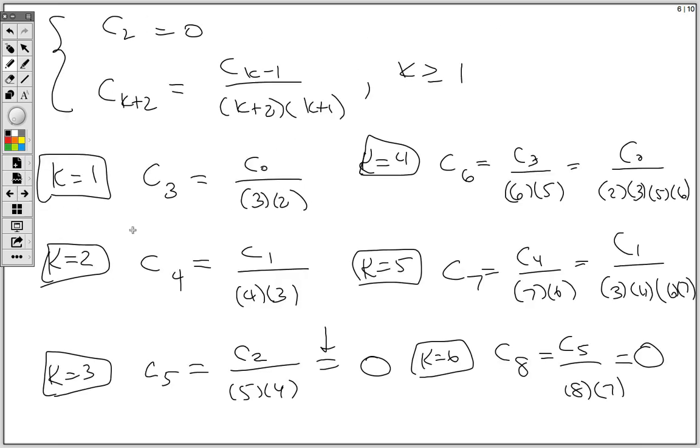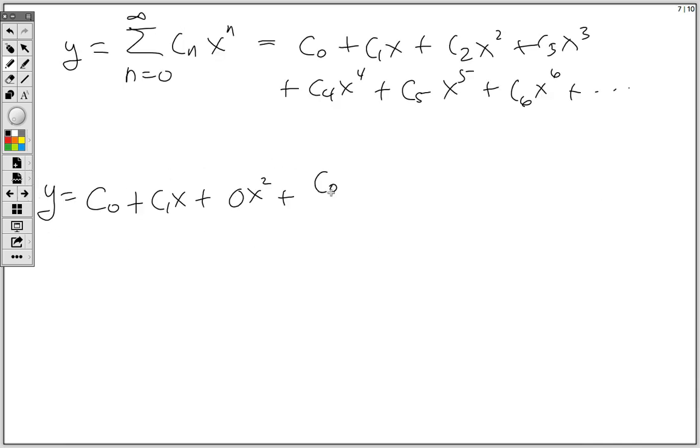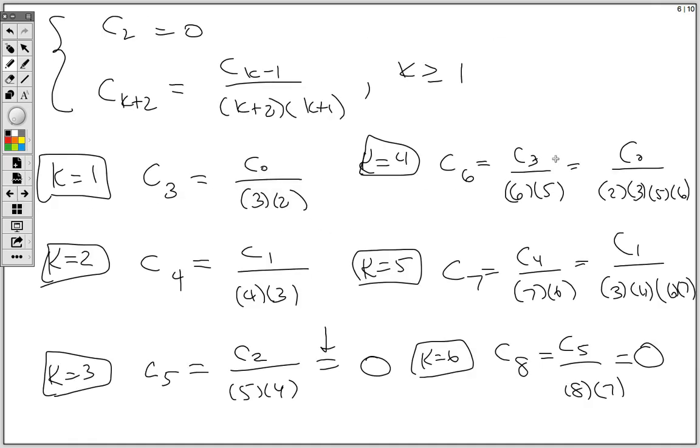And then for c3, we got it in terms of c naught. And then c4, we got in terms of c1.